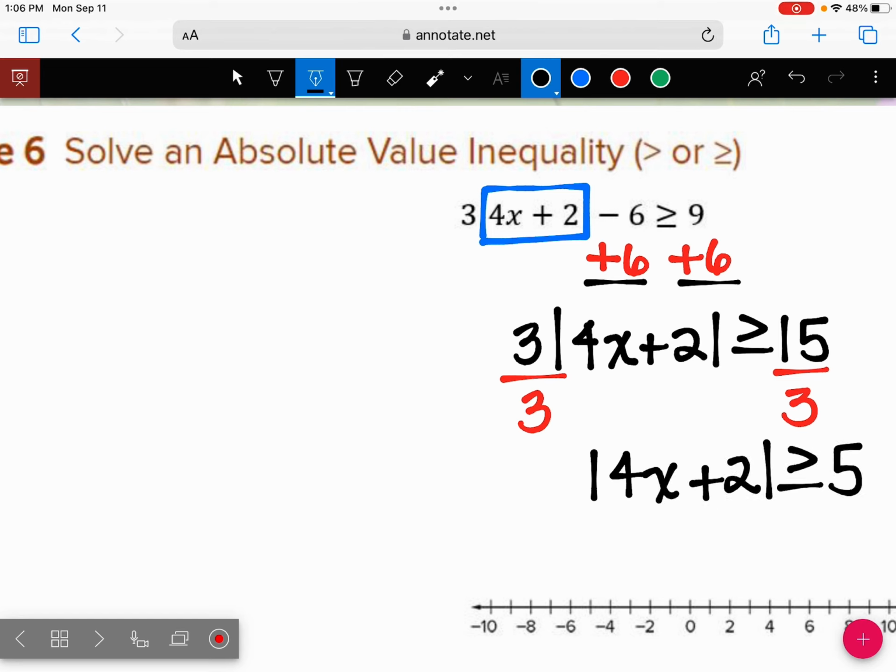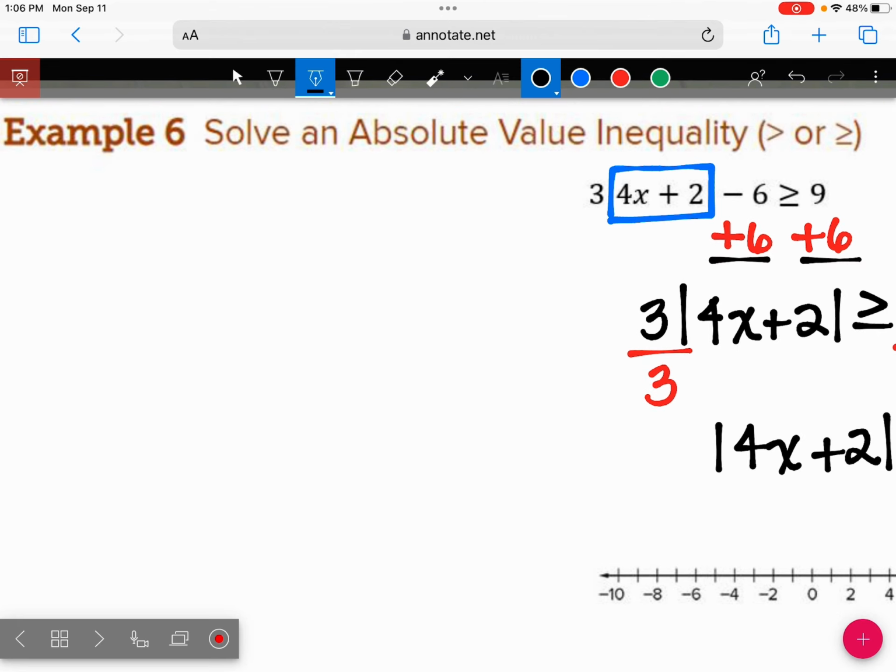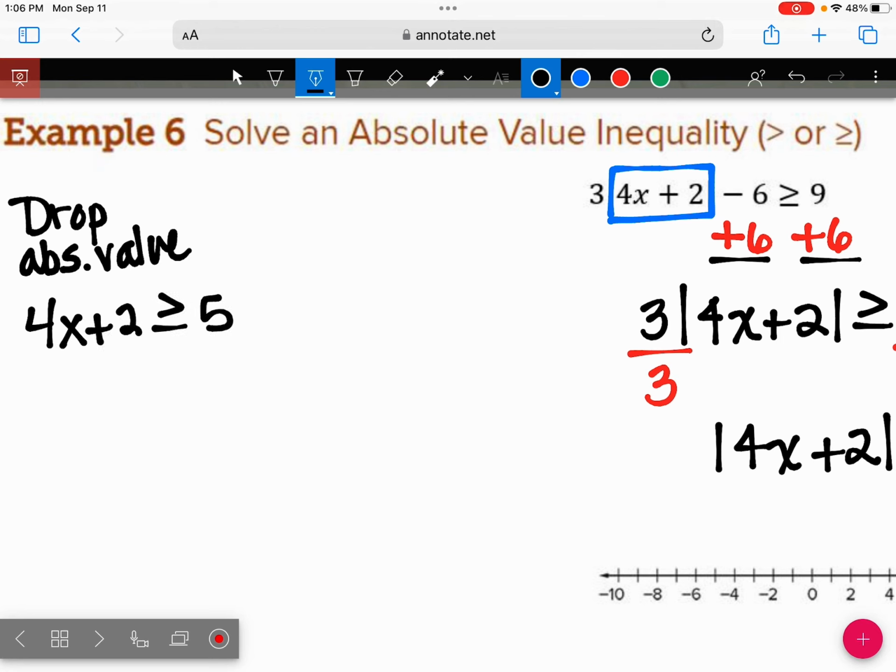Okay, so now for a greater than, we do that completely different than a less than. We're actually going to make 2 different inequalities. For my first inequality, all I'm going to do is drop the absolute value. So we have 4x plus 2 is greater than or equal to 5.